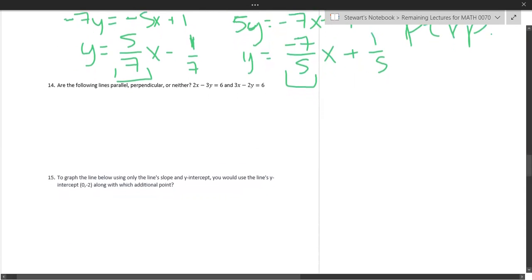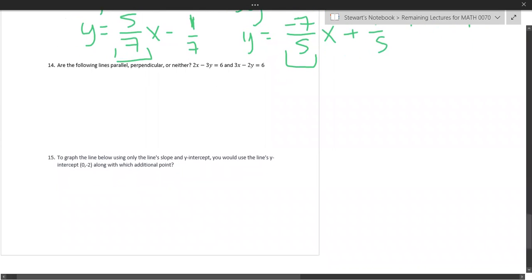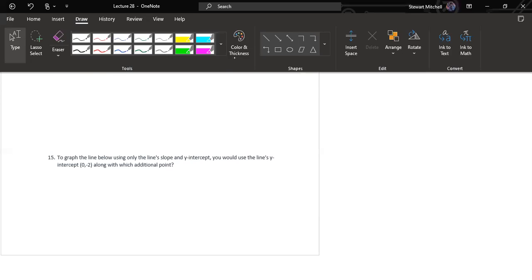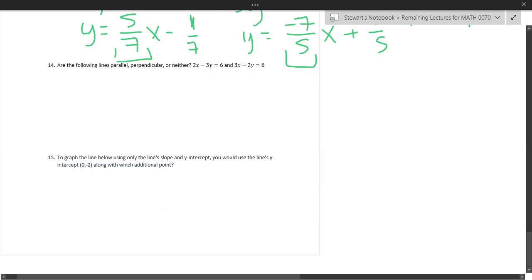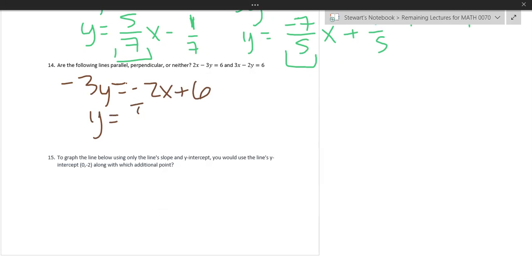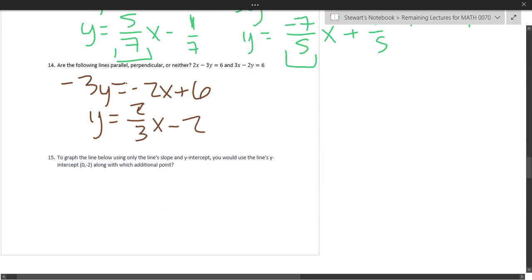Okay, and then are the following lines parallel, perpendicular, neither? Well, once again, we just have to change them into slope-intercept form to compare the slopes and see what we end up with. So for the first one, we have -3y is equal to -2x plus 6. So then we have y is equal to 2/3 x minus 2. Here's our slope.